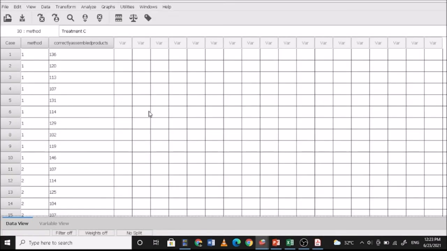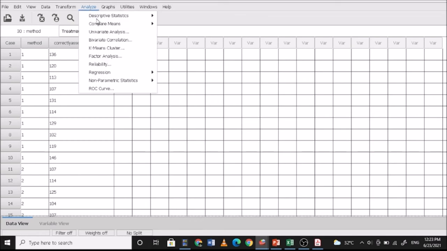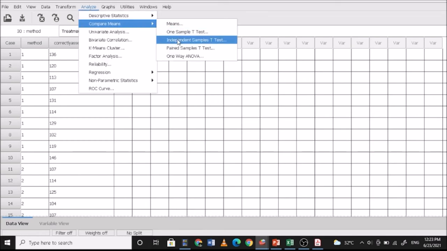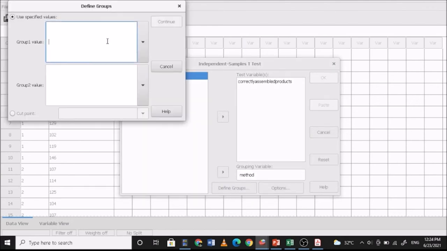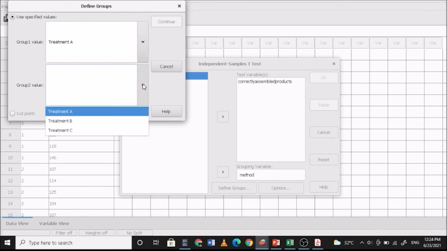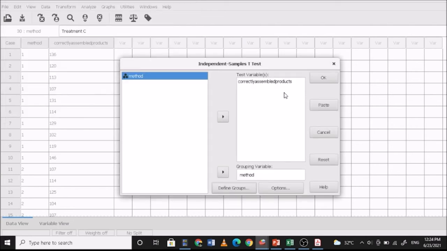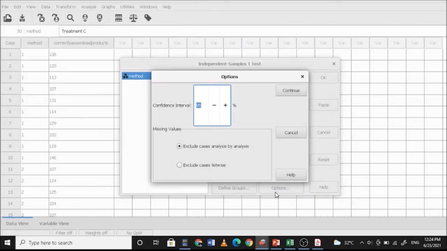And also, if you want to check this, you can always use compare means, independent samples t-test. So the grouping factor is your grouping variable, then assembled product is your test variable. Then you define groups. So for group value 1, let's say treatment A, and group value 2, let's say treatment B. Then options, 95%.